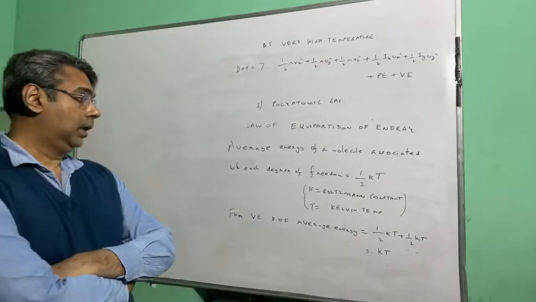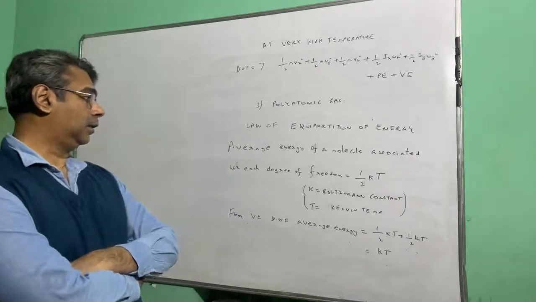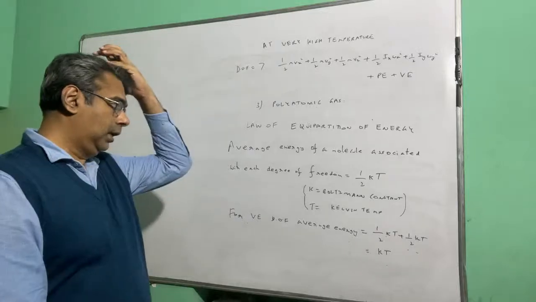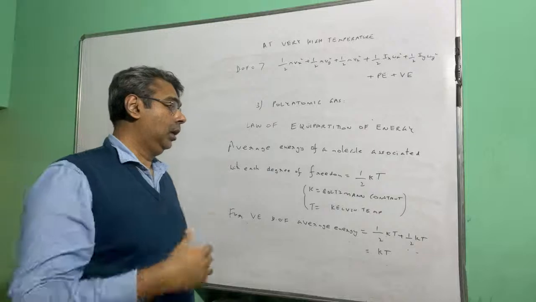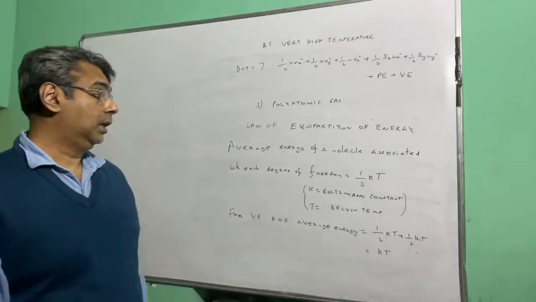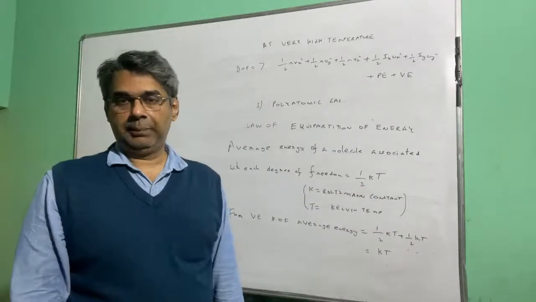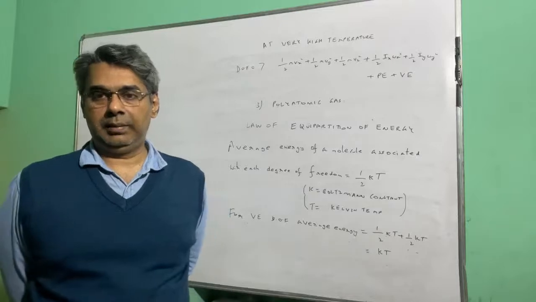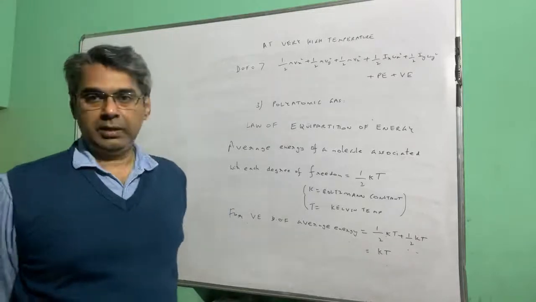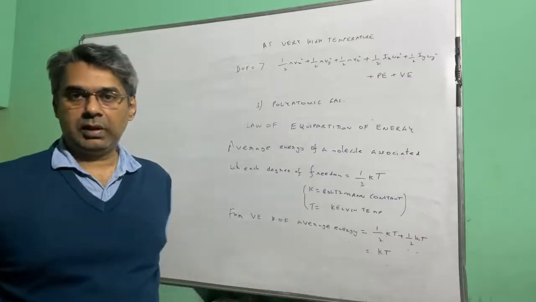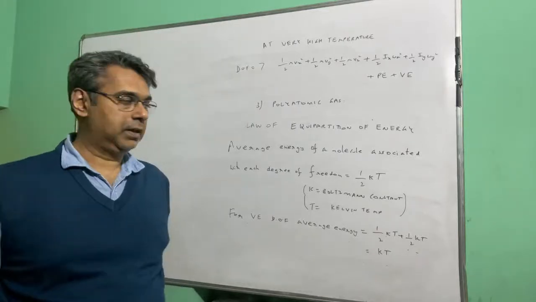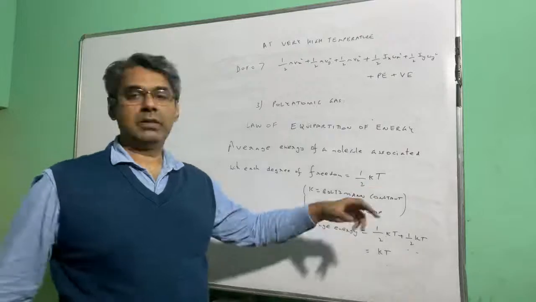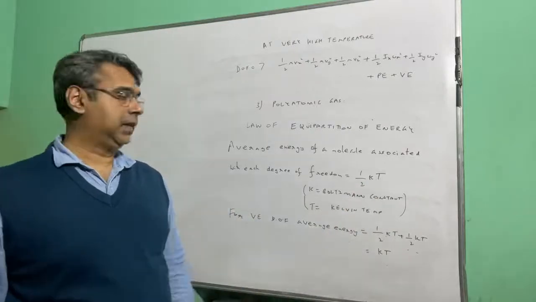Now when you say translational kinetic energy, rotational kinetic energy, or even potential energy, then half kT is applicable. Like suppose for example half mvx square, 1 degree of freedom, half mvy square, 1 degree of freedom, like that. Then half Ix omega x square, 1 degree of freedom. Then potential energy is 1 degree of freedom. So all of them will be half kT.